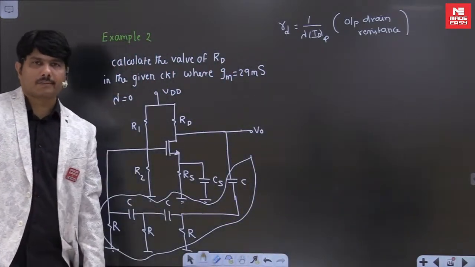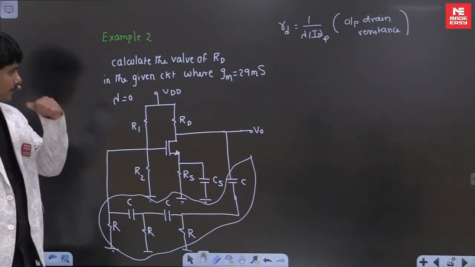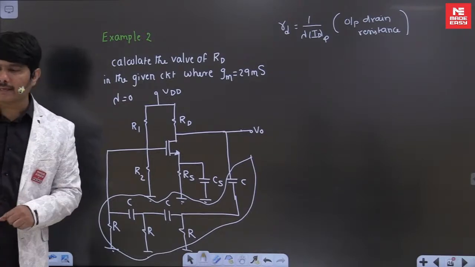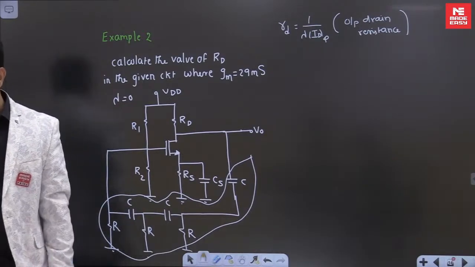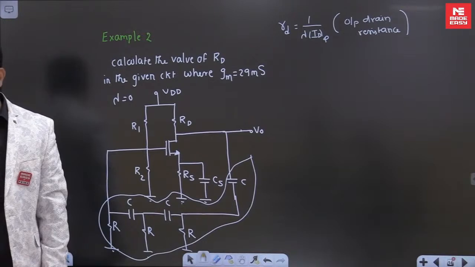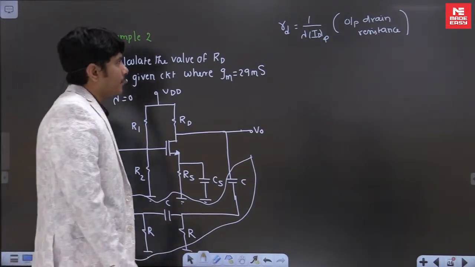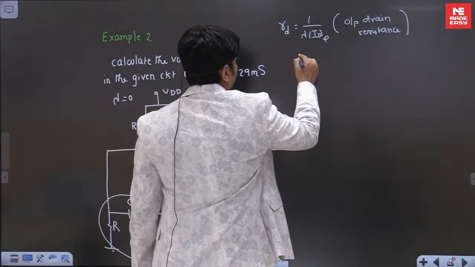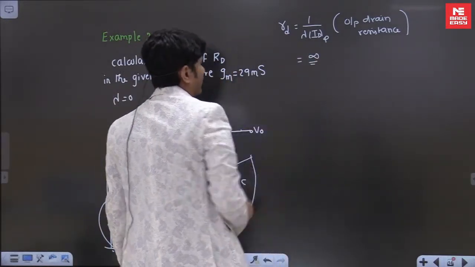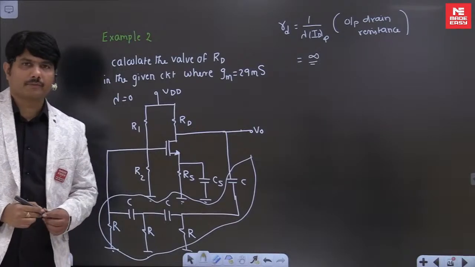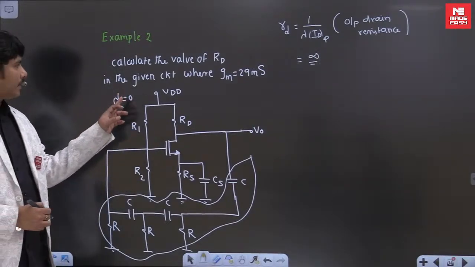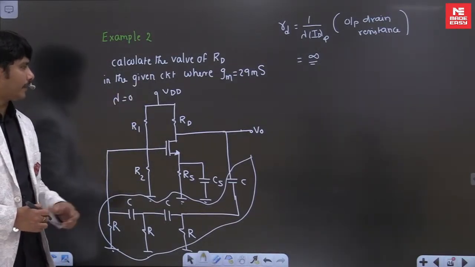The MOSFET internal drain resistance formula is 1 by lambda times IDQ. Lambda is the channel length effect. He has given 0 here. If it is 0, can I say that it is infinite? Perfect. So rd is not required in the problem. And he said find the value of RD.